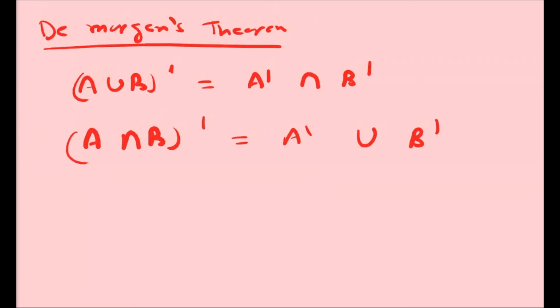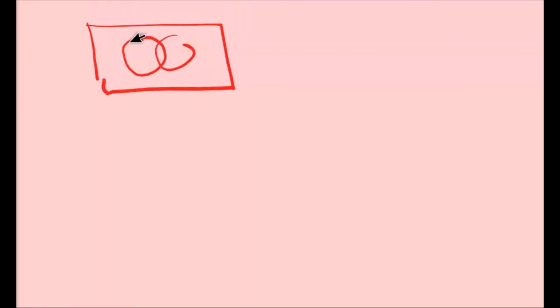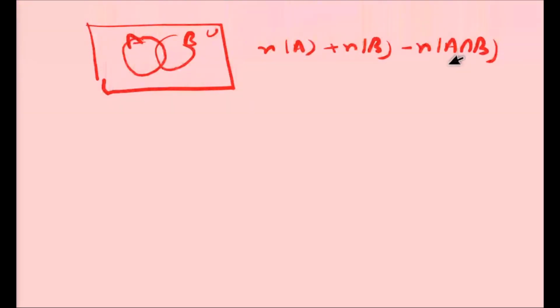Okay students, so now we will go to some basic formulas. If in the Venn diagram we can see members belong to A and B and their union, and there is no member outside, then we can say NA plus NB minus NA intersection B, because this intersection is added in this and also in this, so two times, so we subtract one time.